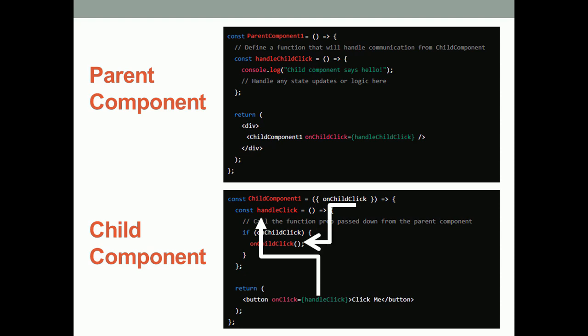And the second one is call on-child-click props as a function in the child component. And the third one is provide the implementation for this on-child-click. And the fourth one is handle this on-child-click handler in the parent component. That's how we can communicate from the child component to the parent component.